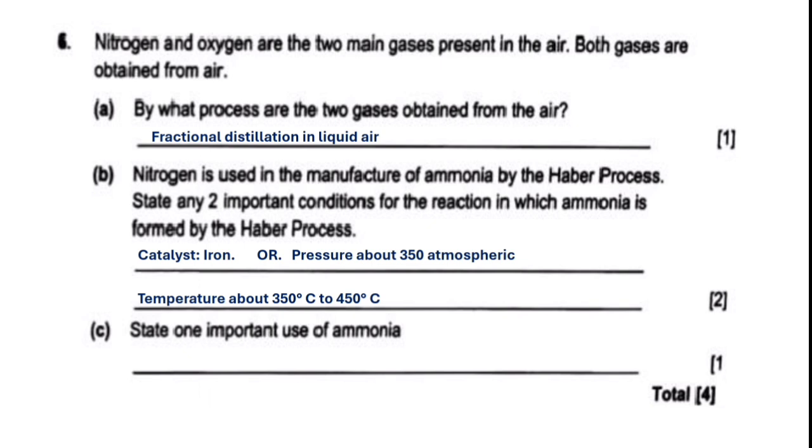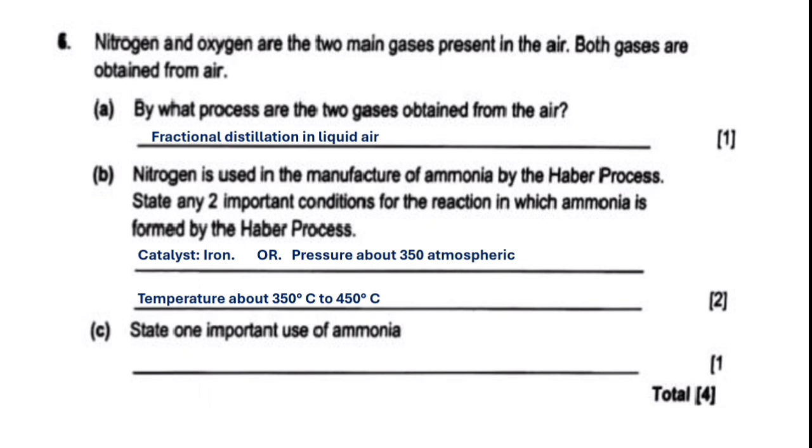Always remember, in the above process there are three conditions necessary for the reaction in which ammonia is formed. The first is the catalyst, which is iron. The second is the pressure, about 350 atmospheric. The third is the temperature, about 350 degrees Celsius to 450 degrees Celsius.